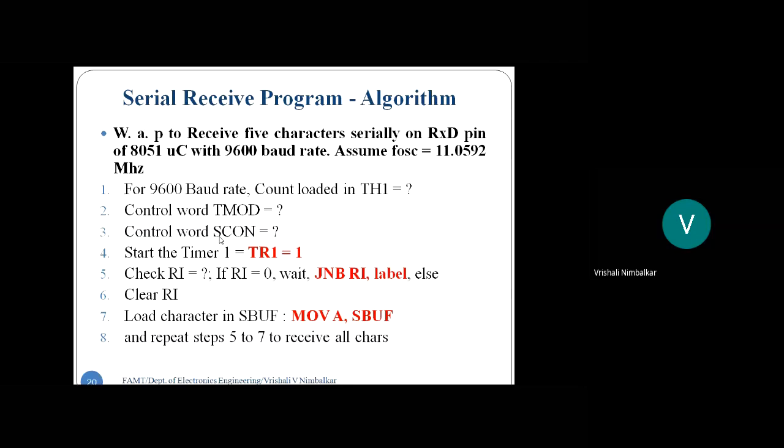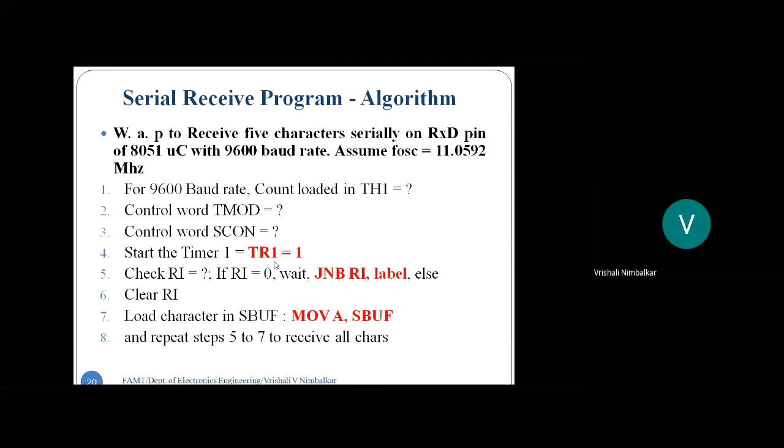So the control word for SCON is 8-bit UART with a variable baud rate. That is the control word we will initialize in the SCON register. And after these 3 initializations, the count, TMOD and SCON, we will start the timer.